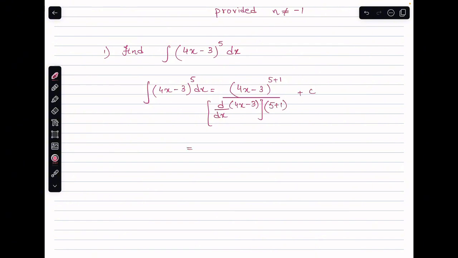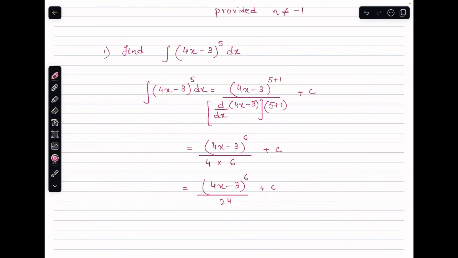So my answer for this integral is (4x minus 3) to the power 6, divided by the differential of 4x minus 3, which is 4, times 5 plus 1, that is 6, and then add a c. So it's (4x minus 3) to the power 6 divided by 4 times 6, which is 24, plus c. This is the answer to this question.